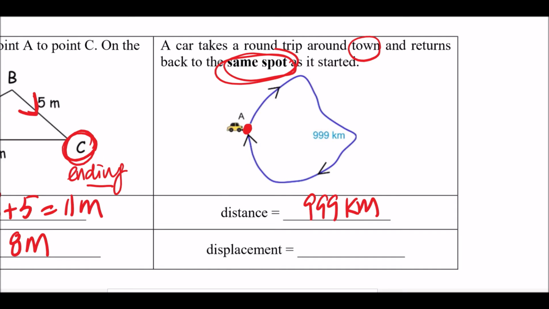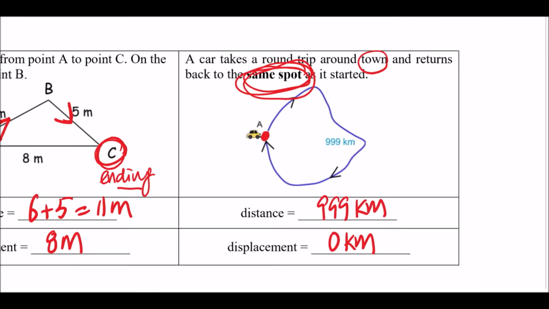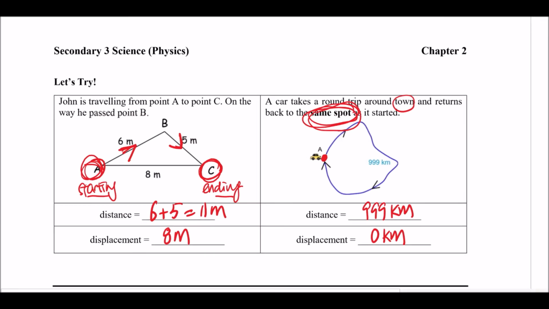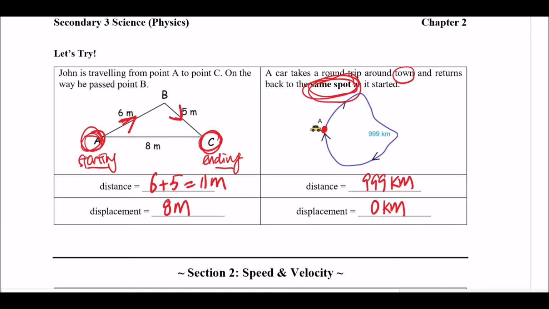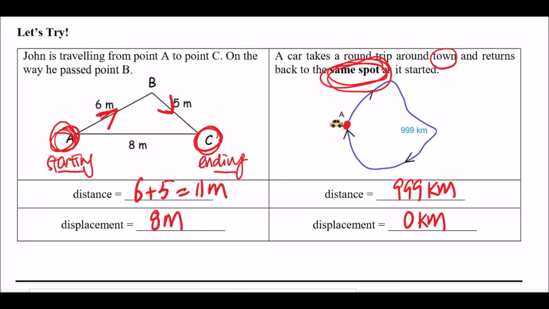Now what is the displacement? Remember they ended back at the same spot. So it must be 0 kilometers, because the starting point is the ending point. So there's no straight line distance between the starting and the ending point. I hope these two examples cover the difference between distance and displacement.